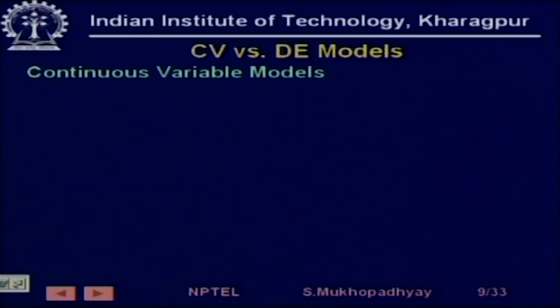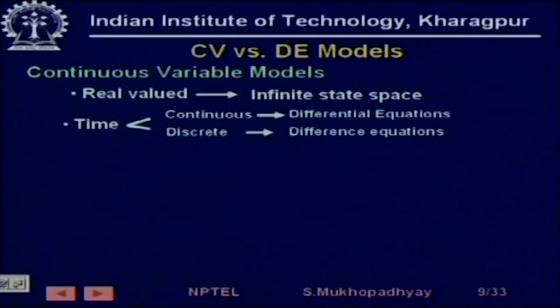If you look at continuous variable models, there the signals are real valued. You have an infinite number of possibilities of values, and time is sometimes continuous, sometimes discrete. When we have continuous time models, time varies continuously, but for all practical implementations, especially using computers, we must discretize time, that is, we must consider values only at certain instants of time.